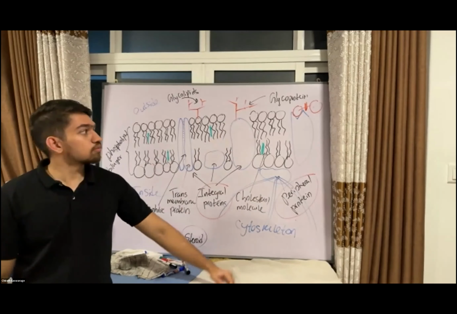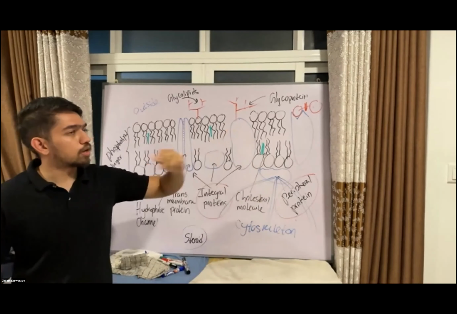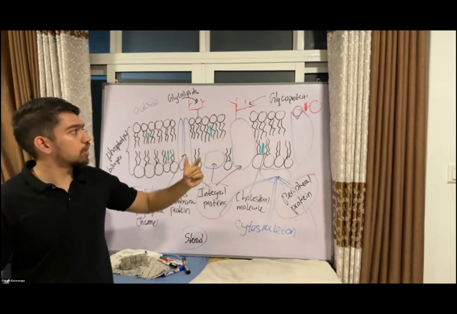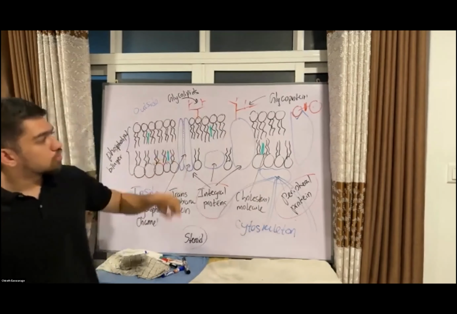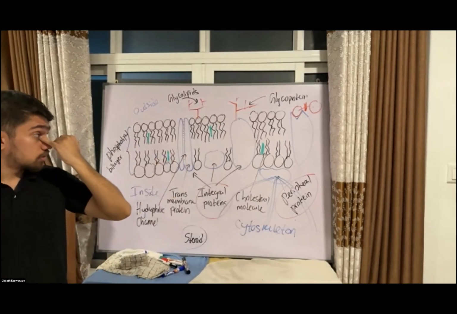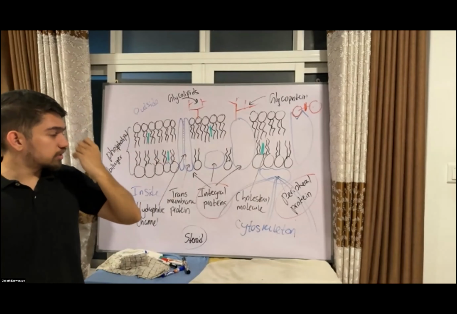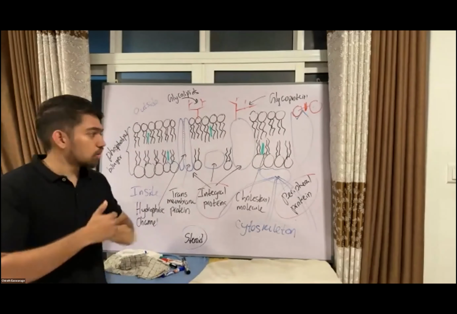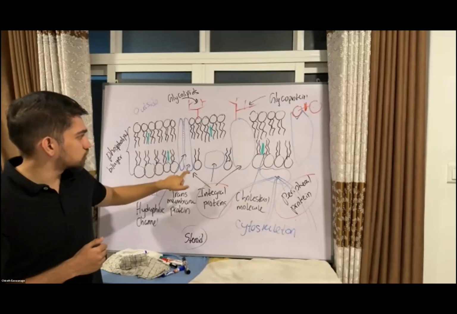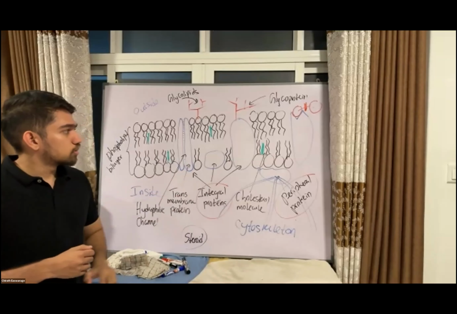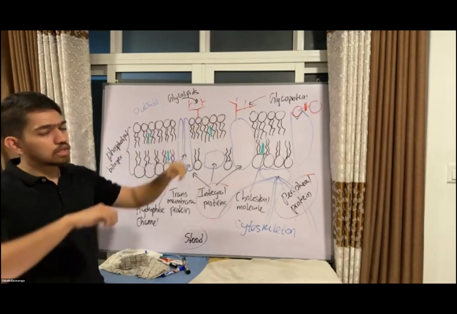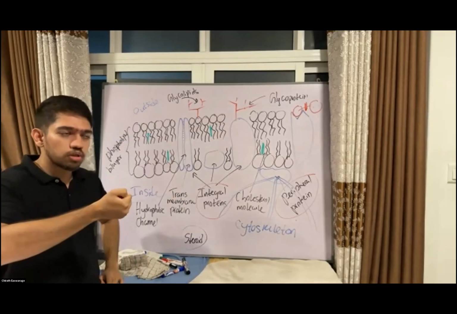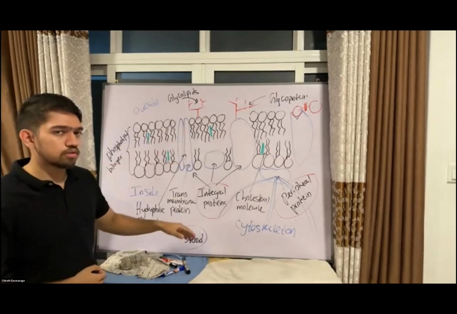When insulin binds to the cell membrane, it can stimulate the transport of glucose into the cell. Imagine insulin is like the key to unlocking this gate, this door. There can be so much glucose outside, but without the key, that is the hormone insulin, the glucose cannot get inside the cell.